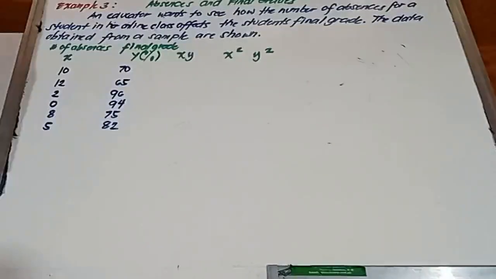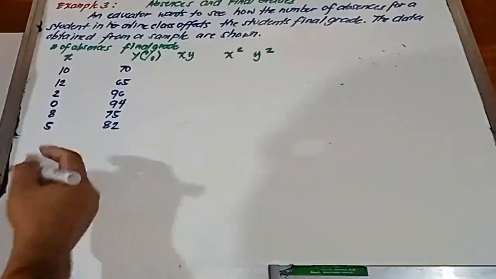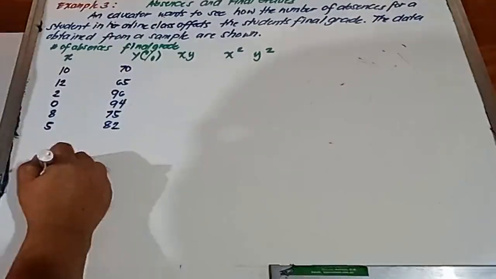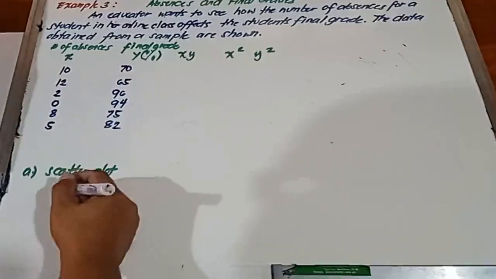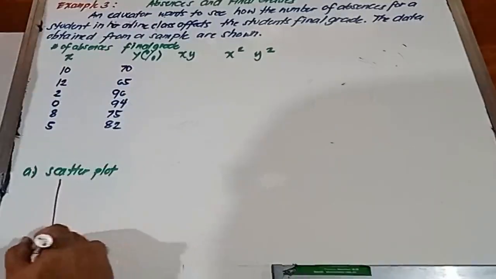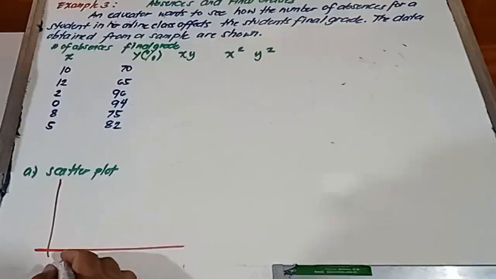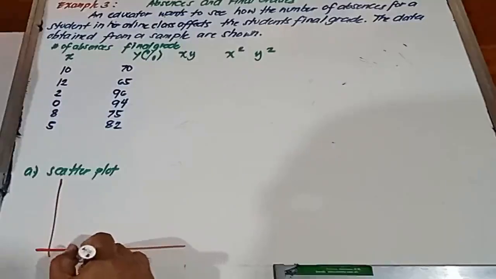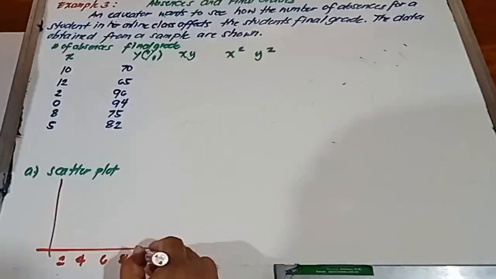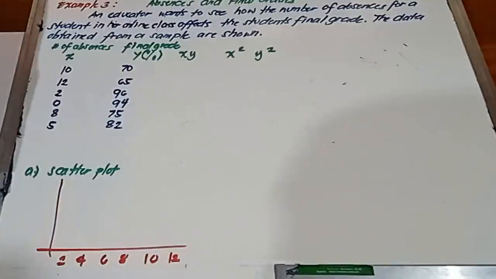Now, first step natin is to determine a scatter plot of this data. Okay, letter A. Scatter plot. So, what is scatter plot? We have, let's see, 2 naman to. So, 2, 4, 6, 8, 10, 12.